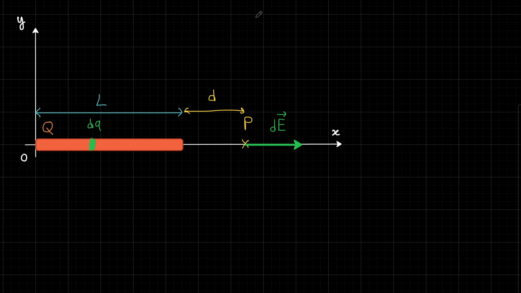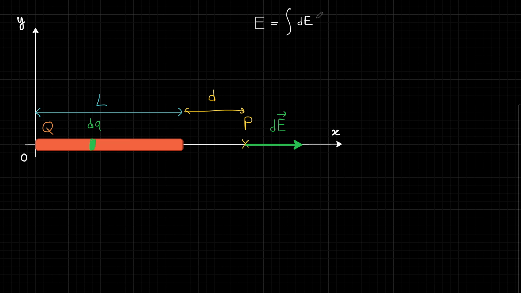Therefore, we can express E, the magnitude of the total electric field at point P, as the integral of dE, dE being the magnitude of the electric field due to each point particle dq. Note that I have dropped the vector notation at this point because all of these vectors lie on the x-axis. They only have x components and their x components are equal to their magnitudes. So we just take an integral over dE to find the net electric field magnitude at point P.